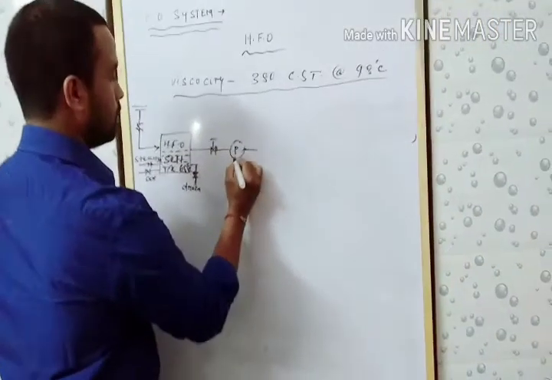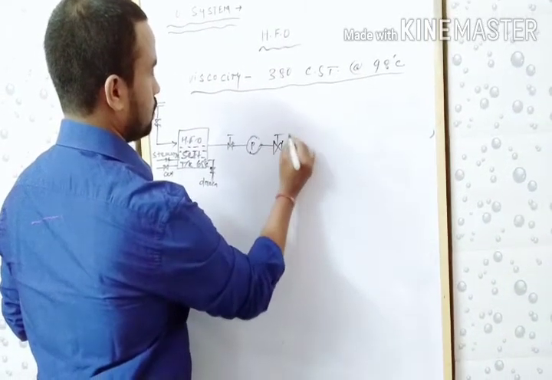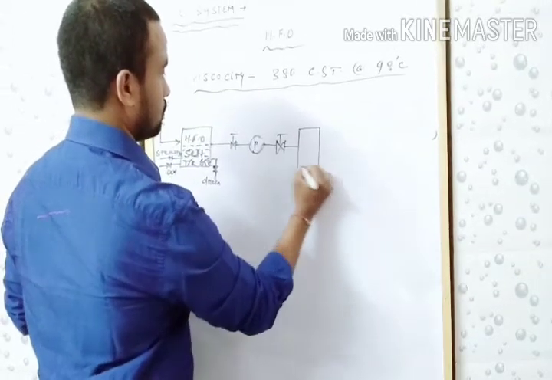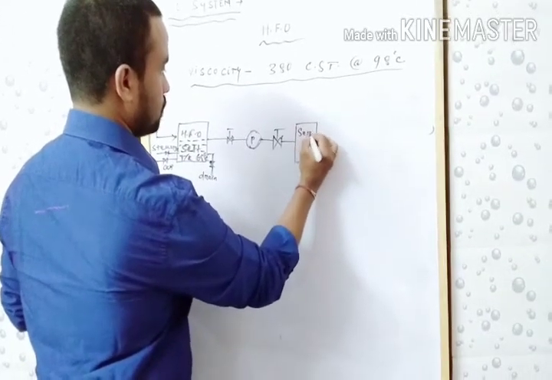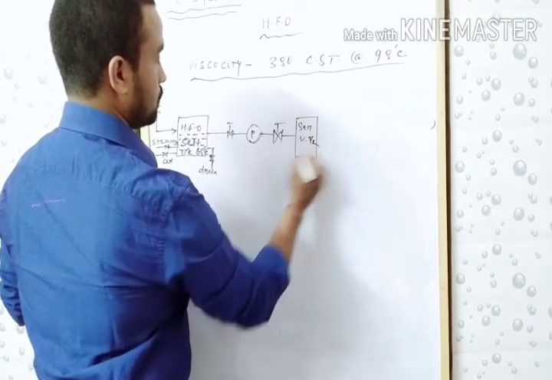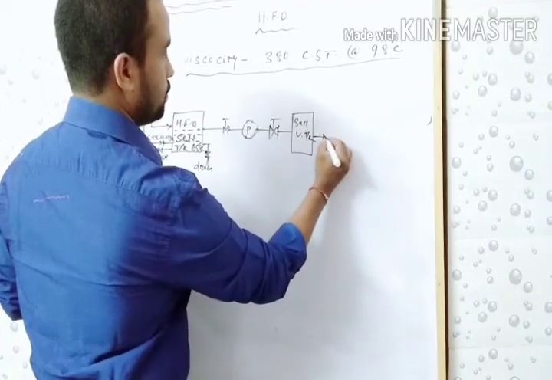This is called the purifier, and after the purification, it goes to the service tank. The same system is given here: steam in, steam out.